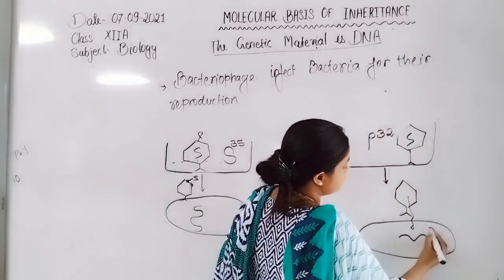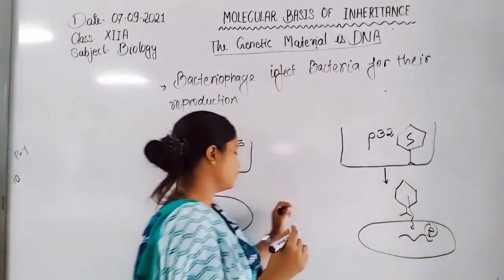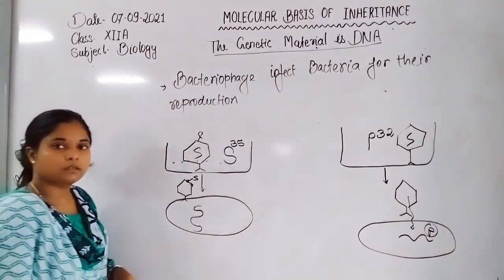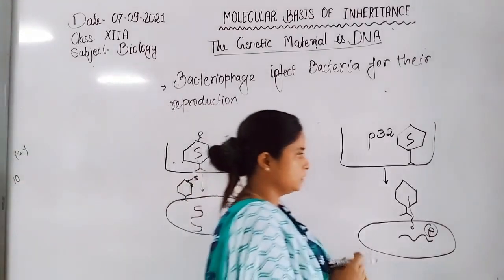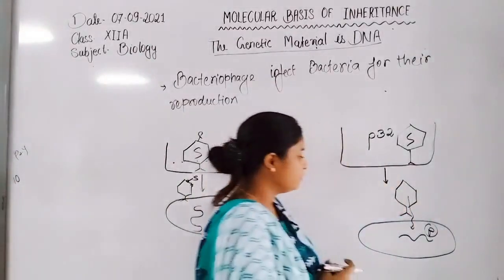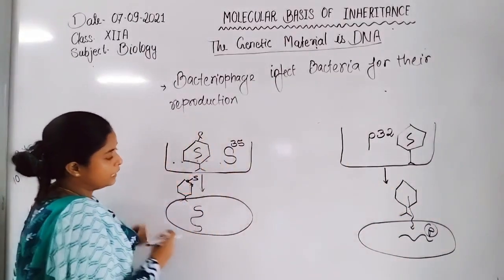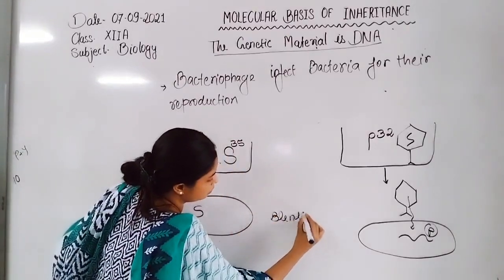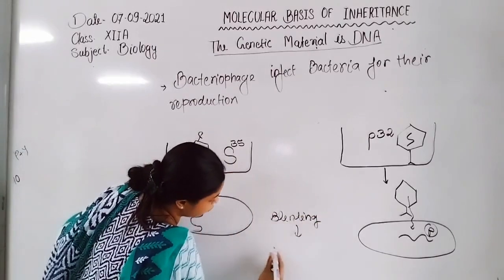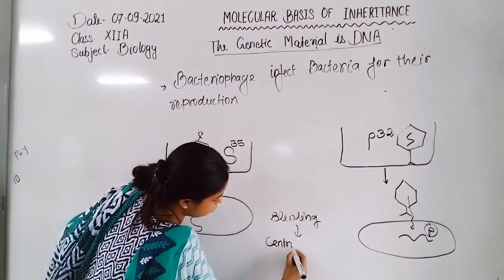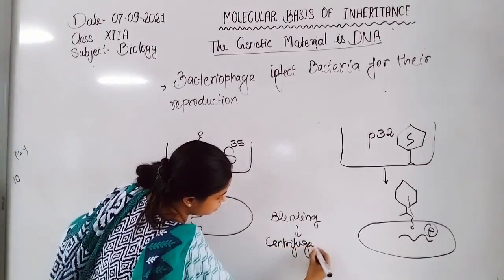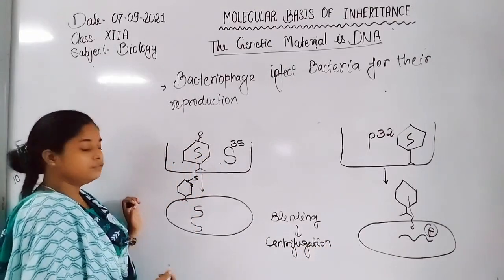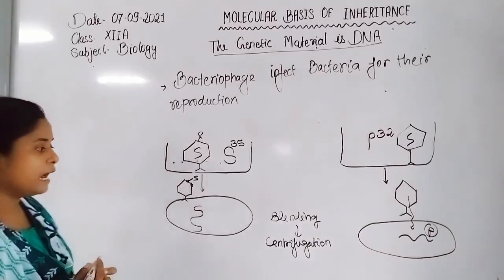So the DNA will be with radioactive phosphate. Now, after this experiment, after blending, centrifugation is done.